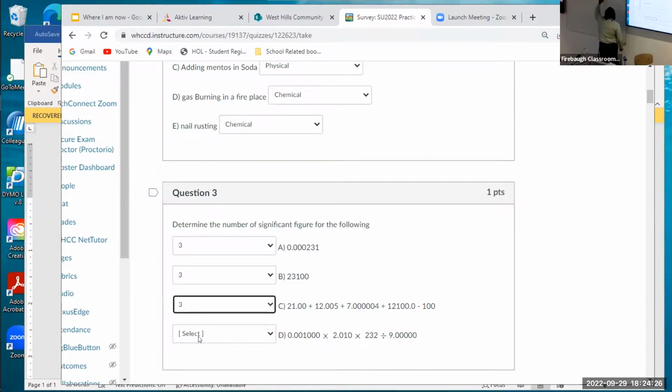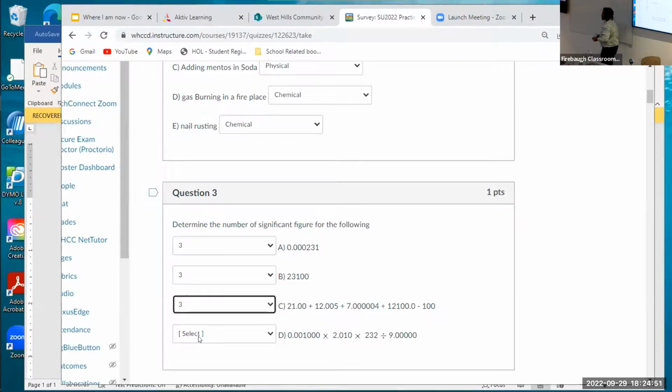After the zeros. So the decimal point there, so we're saying that's important, right? After the zeros. What about the second one? After the 5. What about the third one? After the 4.